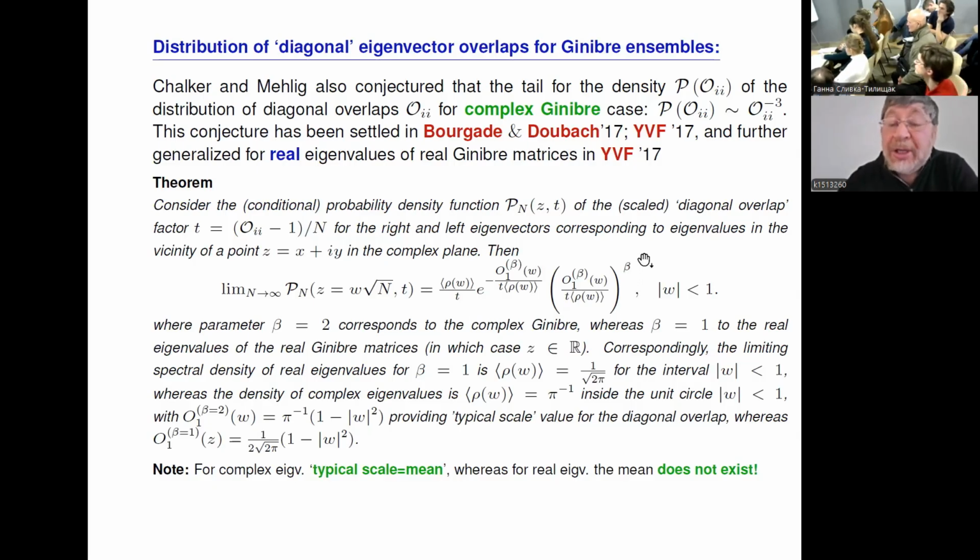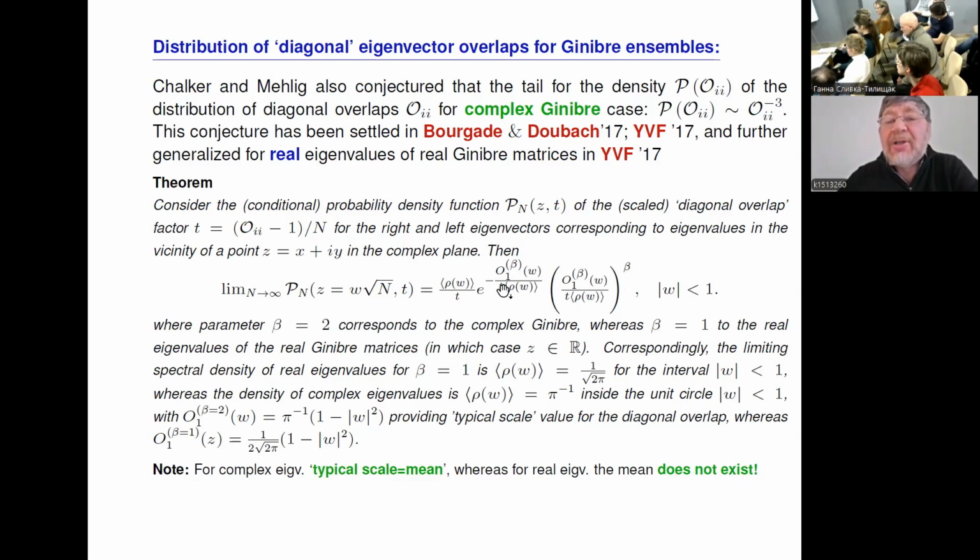So in order to treat both cases simultaneously, as is conventional in the random matrix literature, I introduce the parameter beta: 1 for the real case and 2 for the complex case. This is conventionally called the Dyson symmetry parameter. In terms of this parameter, one can explicitly write this probability density.